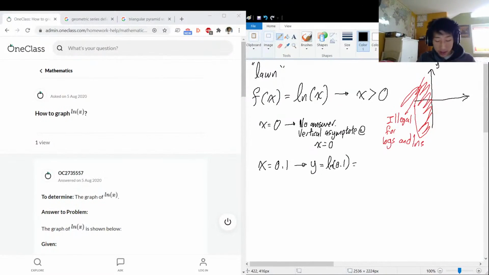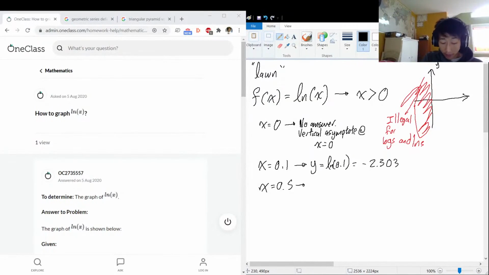In our calculators, that is going to be negative 2.303. Okay, let's say x is equal to 0.5. We're going to do it all the way up to 1, and then we'll speed up. But essentially, we're trying to find some points of interest so we can start drawing the points, and then we just connect the dots. So a fairly simple strategy.